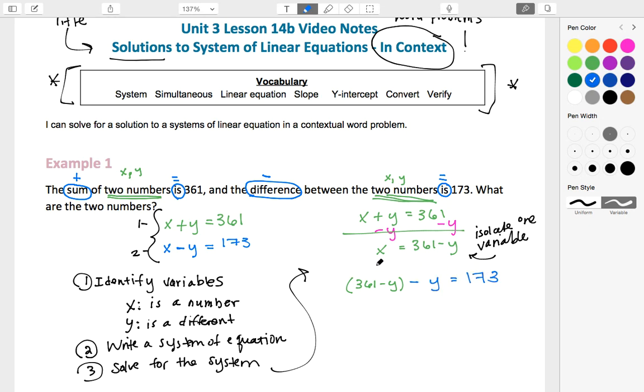So I'm substituting this expression into the x in the second equation. So then I'm going to rewrite this: 361 minus y minus y equals 173. Okay, these are like terms. So I have 361 minus 2y equals 173. And then from there, I can go ahead and isolate y. So I can subtract 361 on both sides.